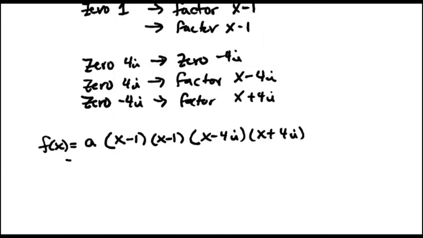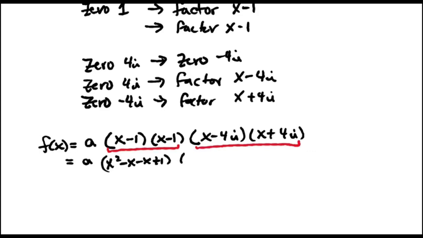I'll start to simplify this by multiplying, and I always like to multiply the conjugate pairs together because they form really nice expressions to work with. And I'll also multiply x minus 1 times x minus 1. So that would give x squared minus 2x plus 1.